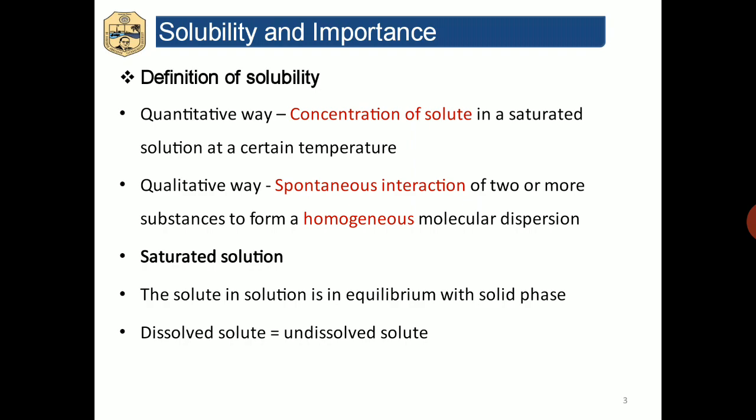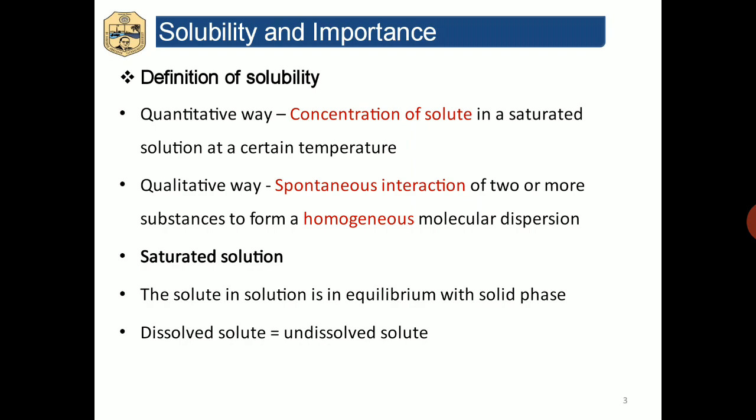You can find the solid phase in the solvent, or the particles of the solute in the solvent. That state is known as a saturated state, and the solution is called a saturated solution. So we can say that in a saturated solution, the solute in solution is in equilibrium with the solid phase.